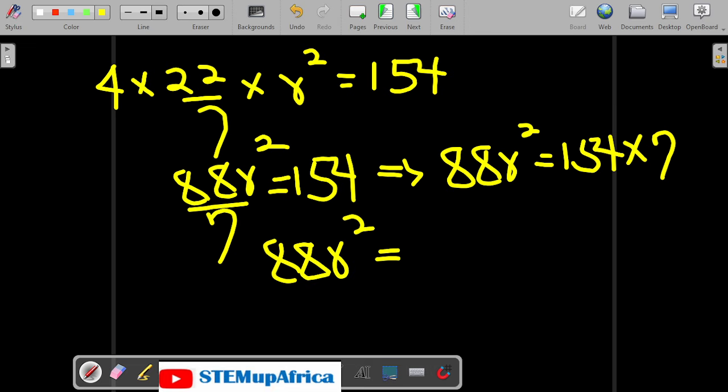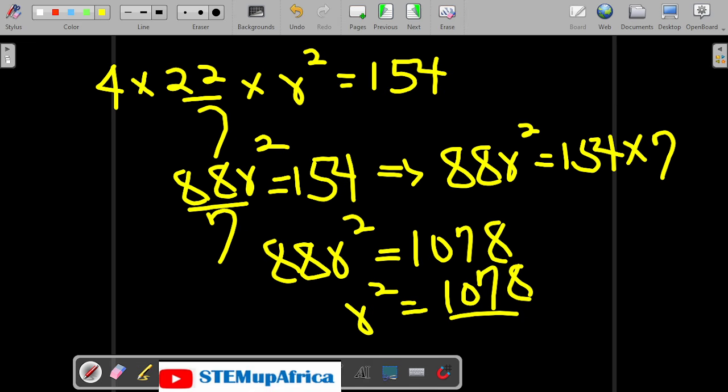So let's multiply 154 times 7, which will give us 1078. So my radius squared is now 1078 divided by 88.